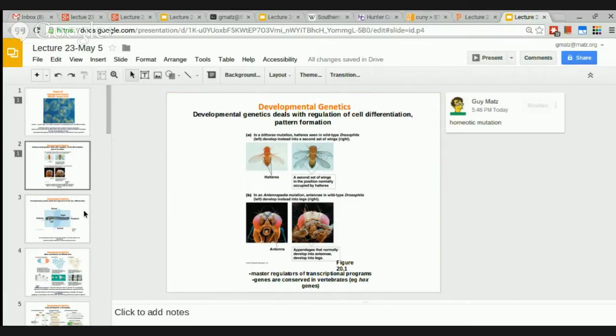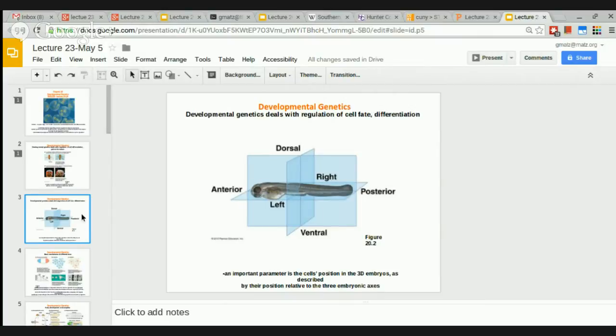So in a general way, genes in early development control the recognition of the position of the cell in the embryo. So the real problem in developmental biology is you start with one cell.